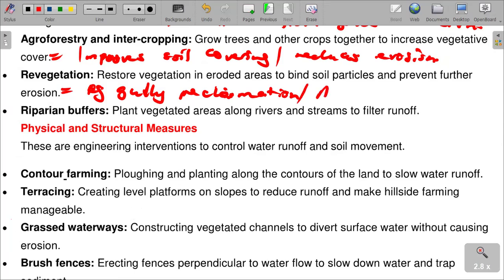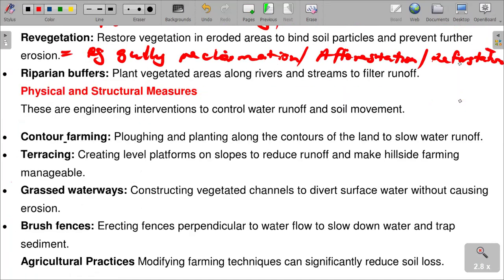We talk about afforestation or reforestation. These are all done to ensure that where vegetation has been lost, we recover it, in areas that were once covered by vegetation but damaged by various agents.